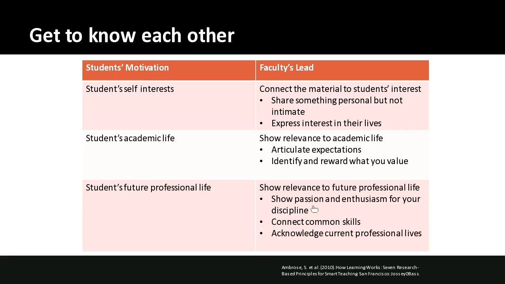Because you can't show that passion and enthusiasm maybe through your body language, you're going to need to show it a different way. Maybe you have a current events area or something like that, and you're letting them know what's going on in their field right now, and that excitement shows through that kind of activity.